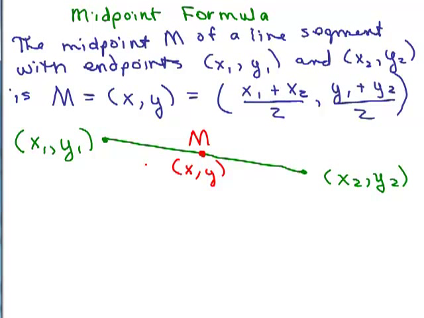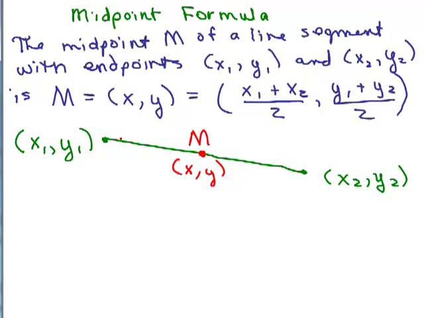The midpoint is given by, well, the x coordinate is x1 plus x2 over 2. That's just the average of the x coordinates of each of these ordered pairs. The average of two things, you add and divide by 2. And the y coordinate is the average of the y values, y1 plus y2 over 2.